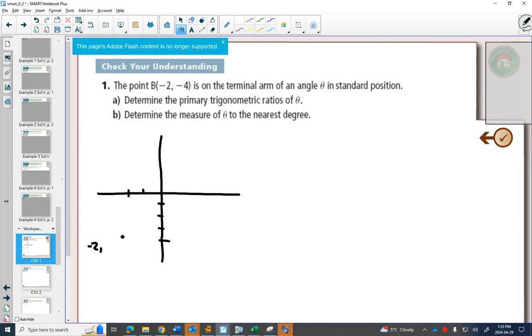There is -2, -4. This is the angle in standard position, theta. The question is asking us to determine sine of theta, cos of theta, and tan of theta.